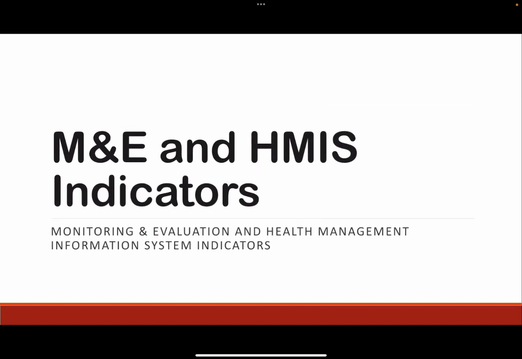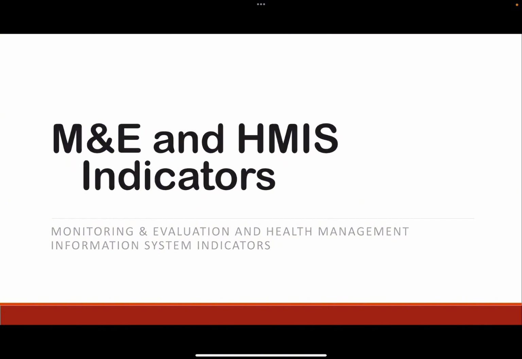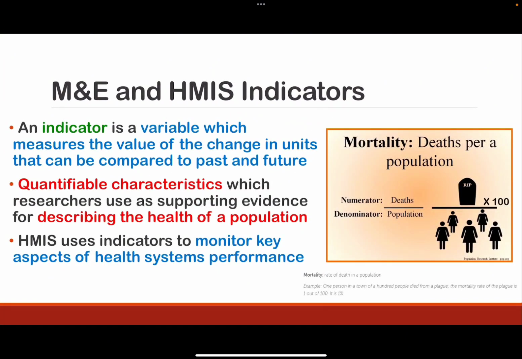So, you have your M&E and HMIS indicators. So, an indicator is a variable which measures the value of the change in units that can be compared to past and future. So, variable, so meaning it is element or quantifiable characteristics.